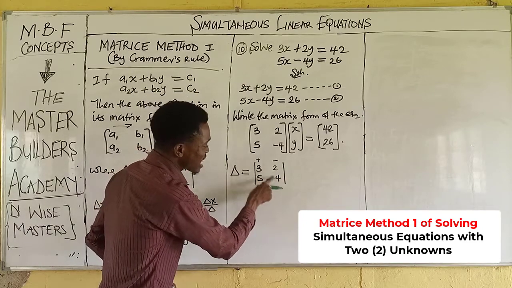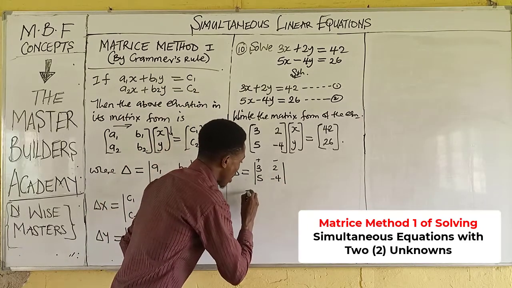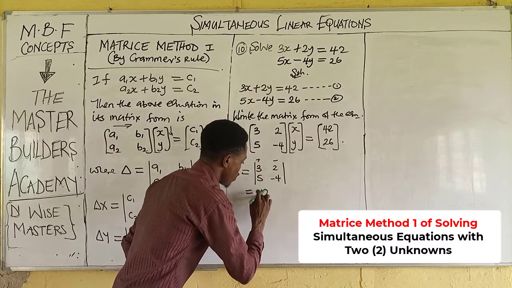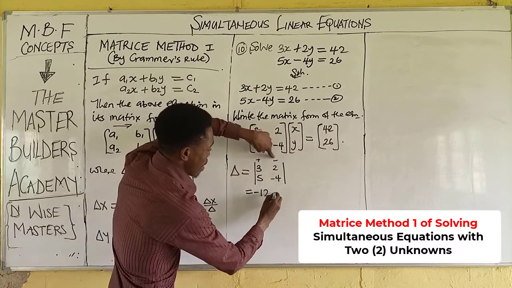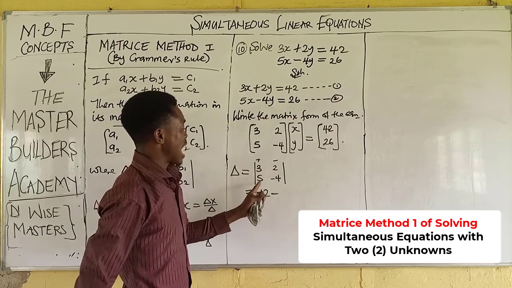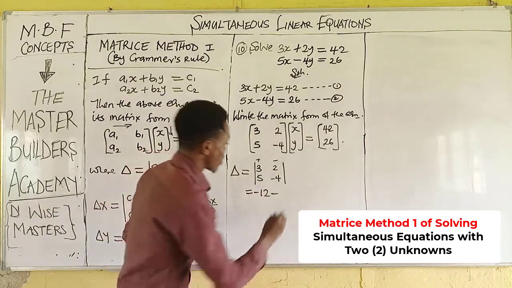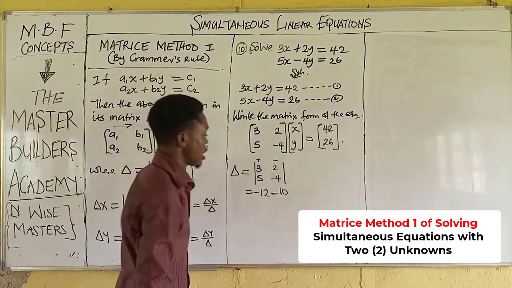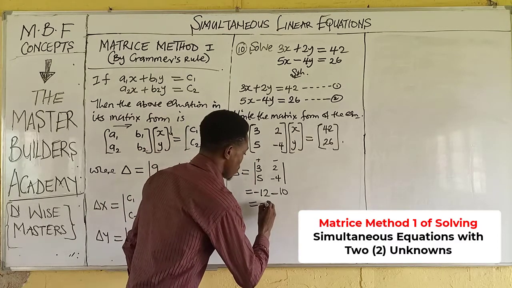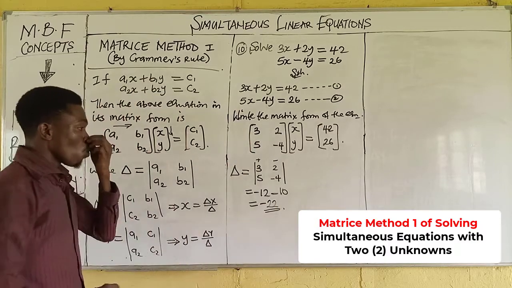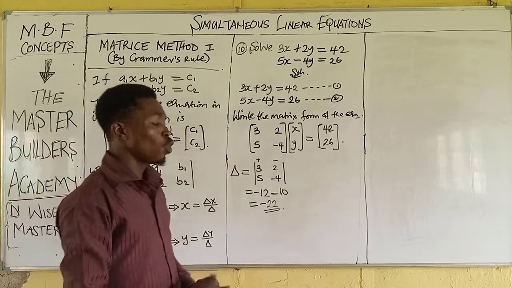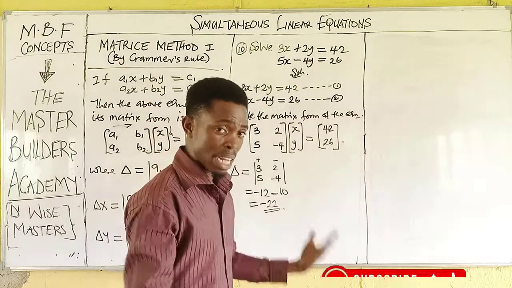So 3 times minus 4 would have given us minus 12. Then put down this minus. 2 times 5 would have given us what? 10. As simple as this. Then finally, this will give us minus 22. We are done with the value of the overall determinant. It's as simple as this.